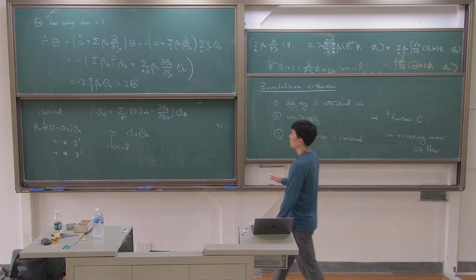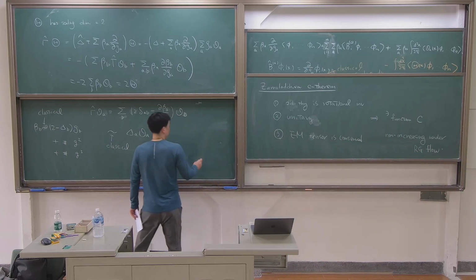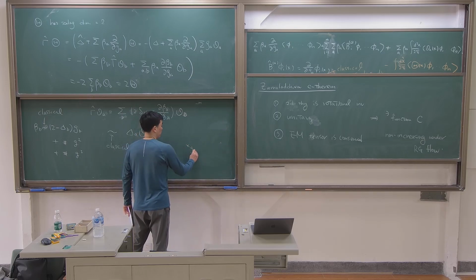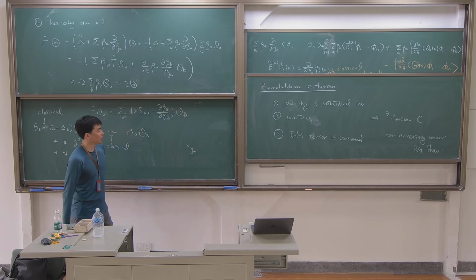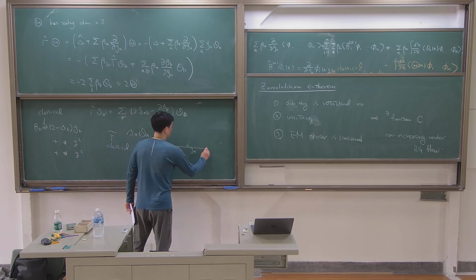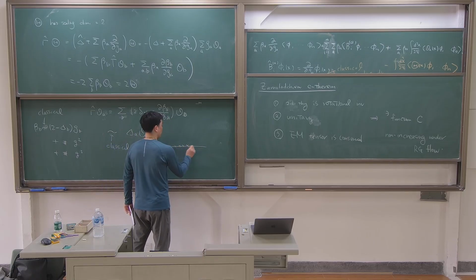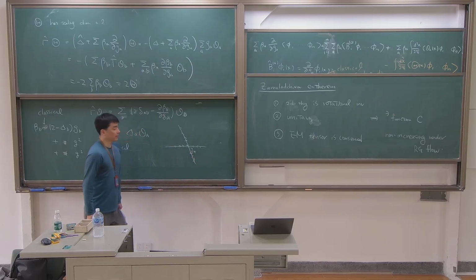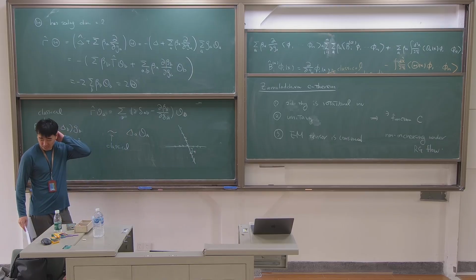Seems like I already did this, but it's good to repeat. If you have a conformal field theory, there is a CFT point here, and there is some irrelevant deformation. The irrelevant deformation is mapped like this.